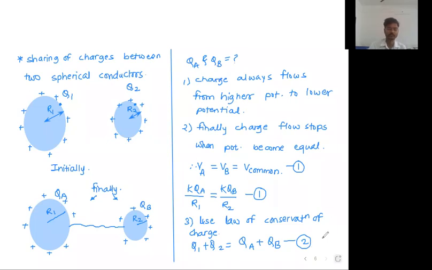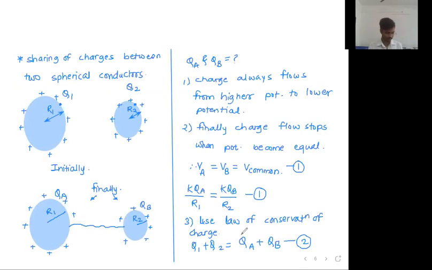Let me write the results. Write down. After solving, a very simple thought is there. Final charge on the first sphere is some fraction of the total charge, obviously. Last slide. Write down.